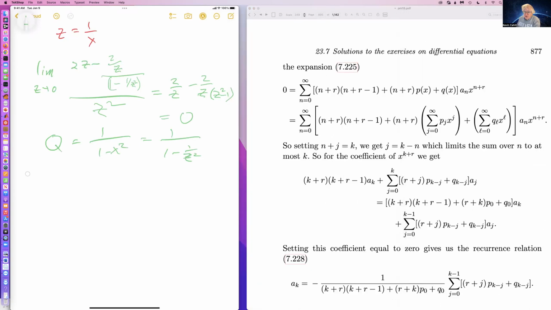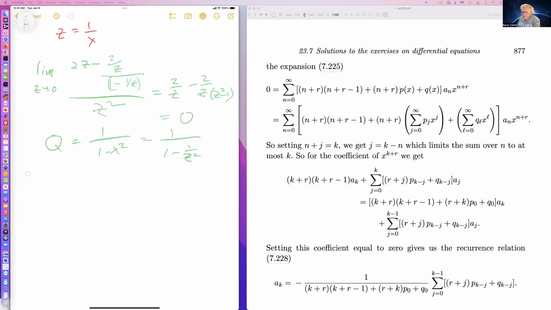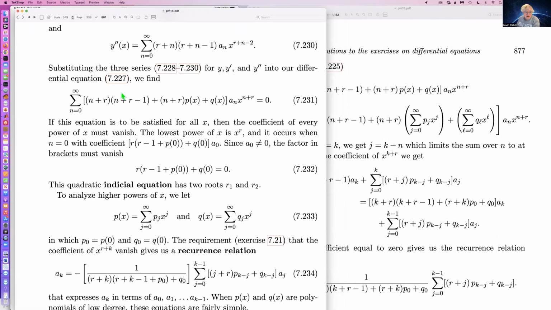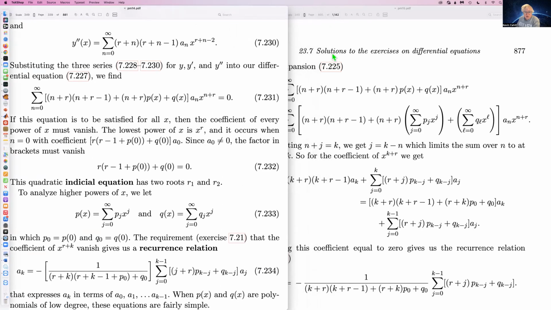Now to go further with that, you have this equation here. Whoops, you can't see that. This equation is just reproduced here. Let me just show you it.